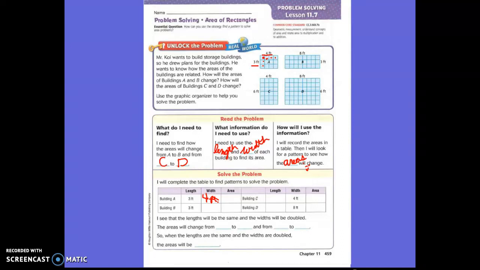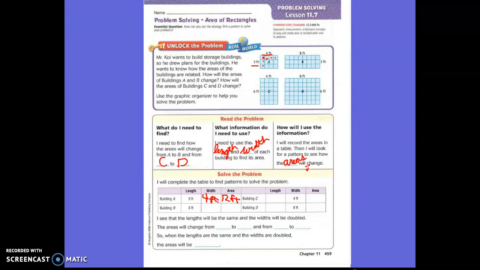But how can we find area? Multiplication. So, we have 3 and 4. That means the area is 12 square feet, because 3 times 4 is 12. Right, Alexander? Yes. Okay, let's go to building B.